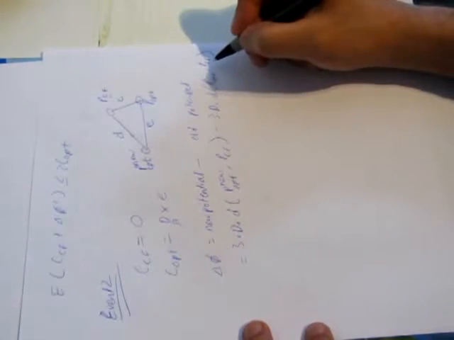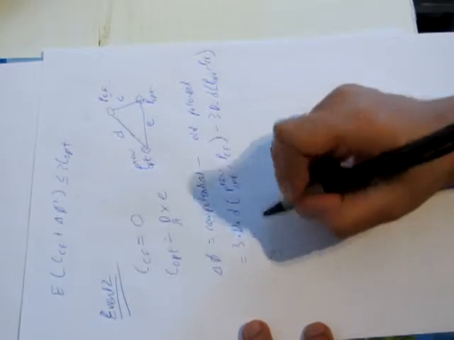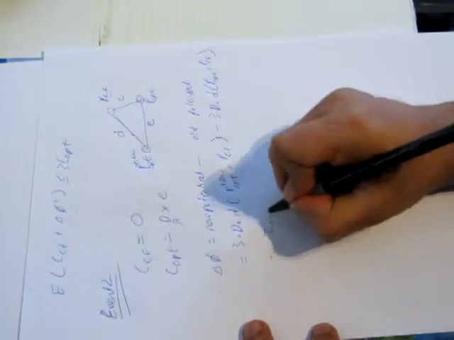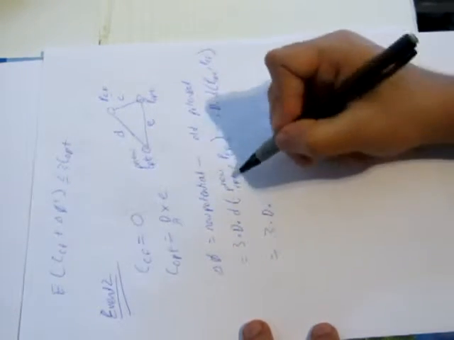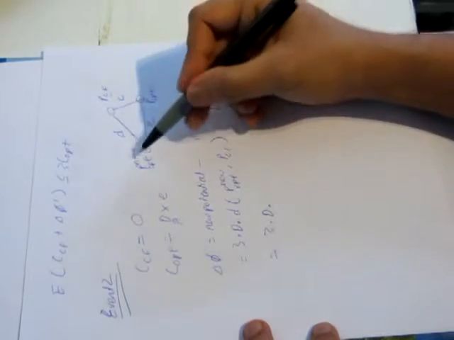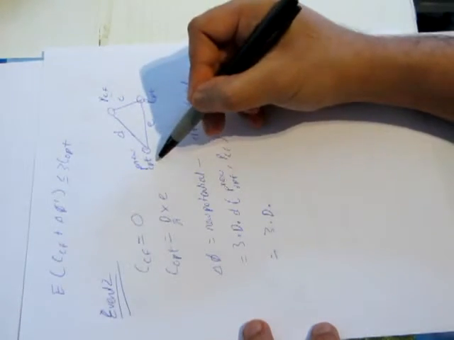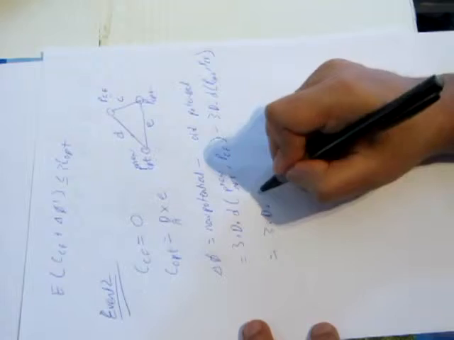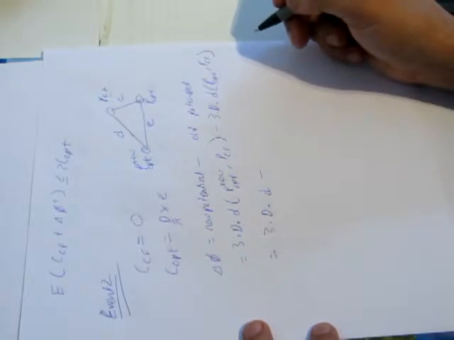Now it's straightforward, so it's D into the distance between P_new_OPT and CF, P_new_OPT is here and CF is here, and it's D minus the old potential.